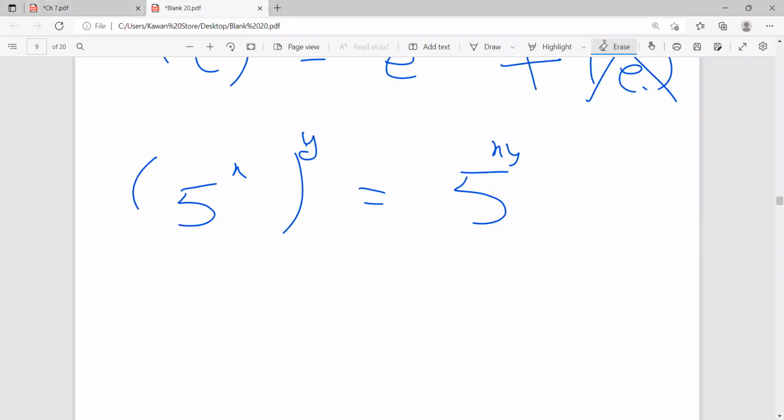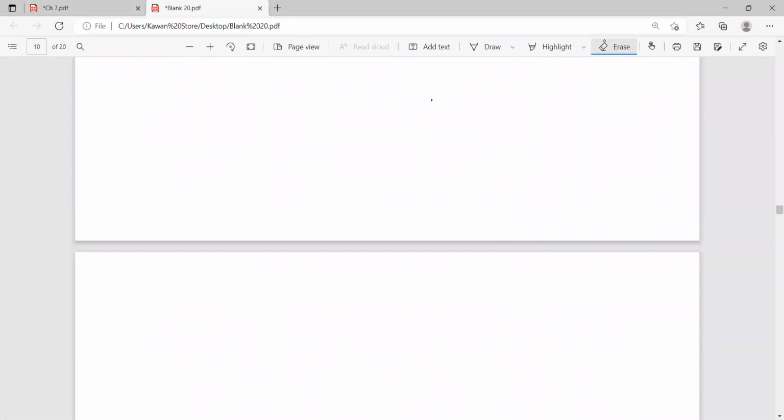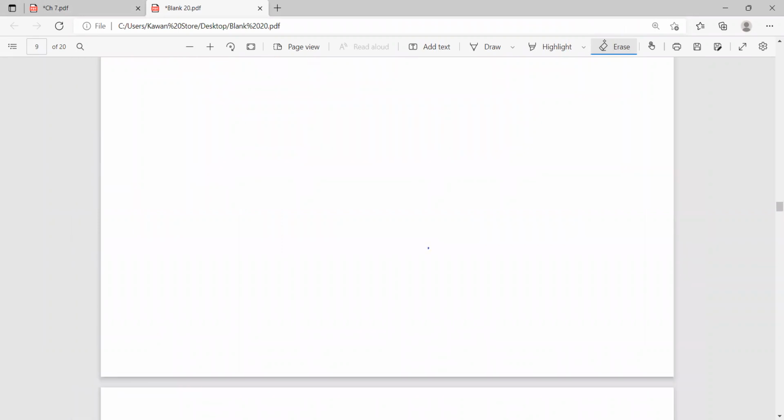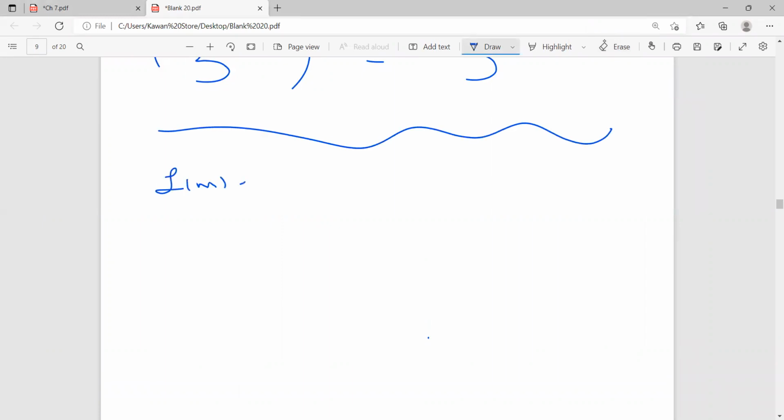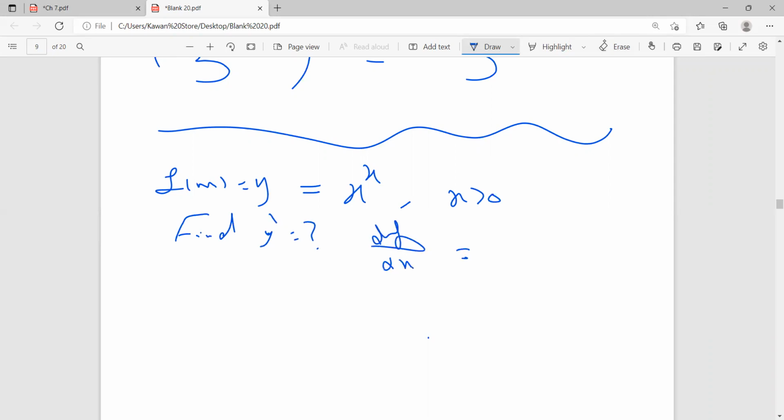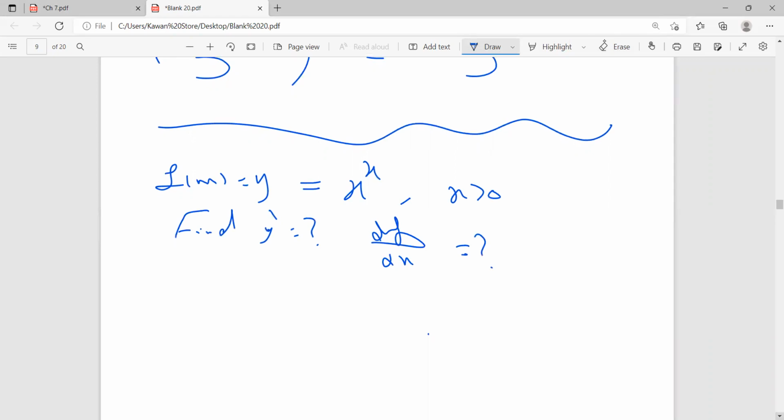Now here the example: if your function f of x, or y, equal to x to power x, careful, x to power x, a function to a power function, with x greater than 0 and not 1, then find y prime, the derivative df over dx, equal to what?